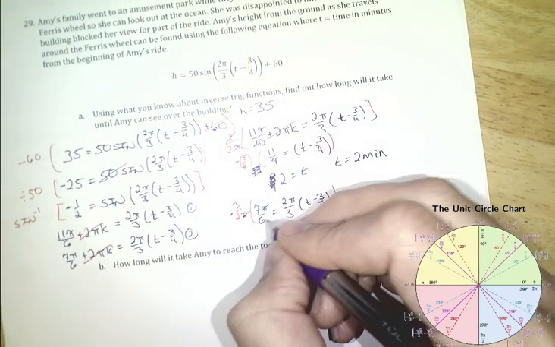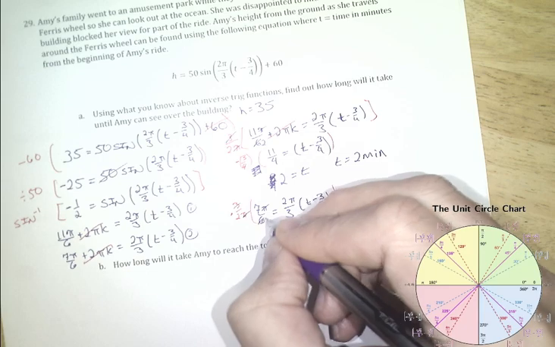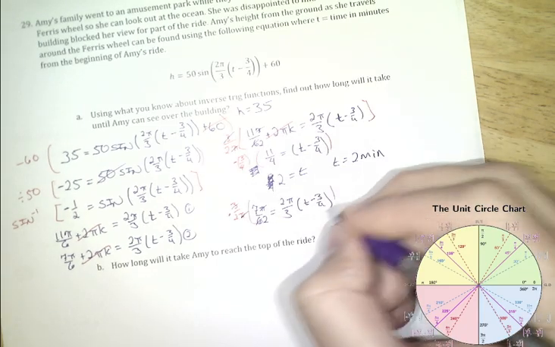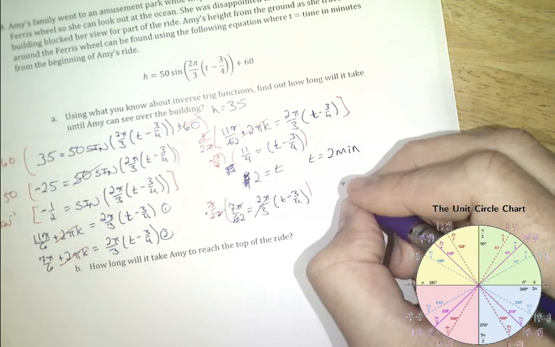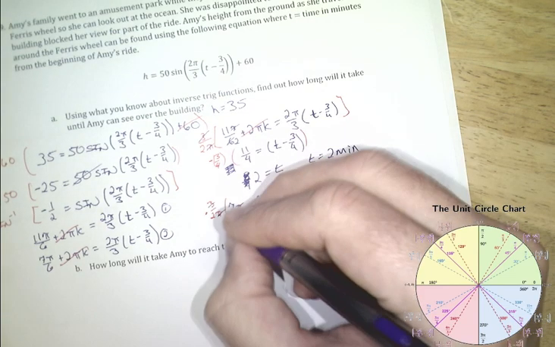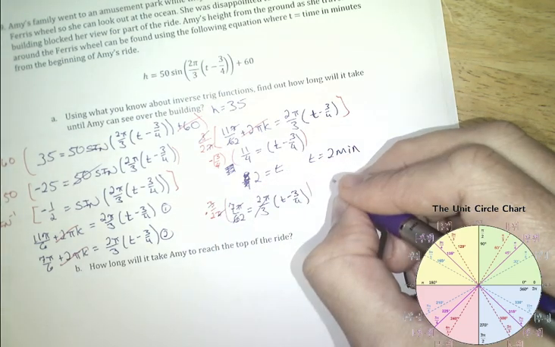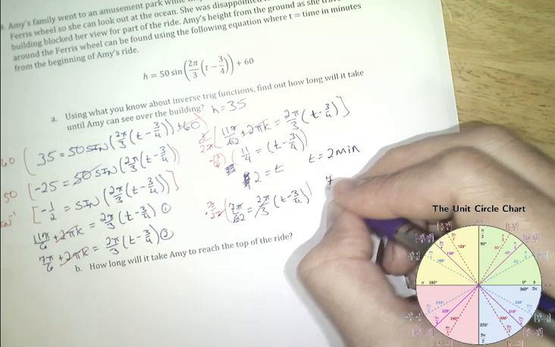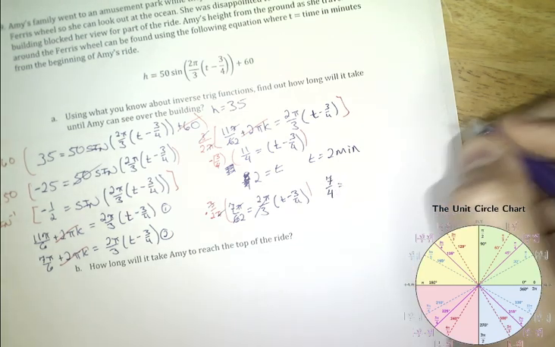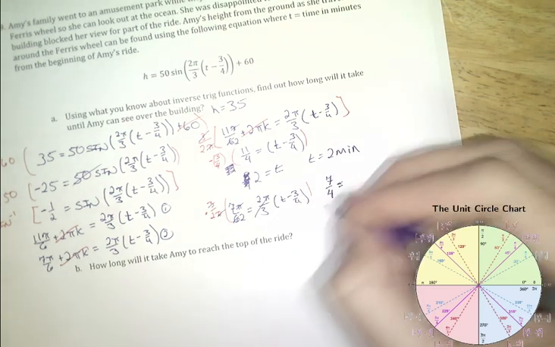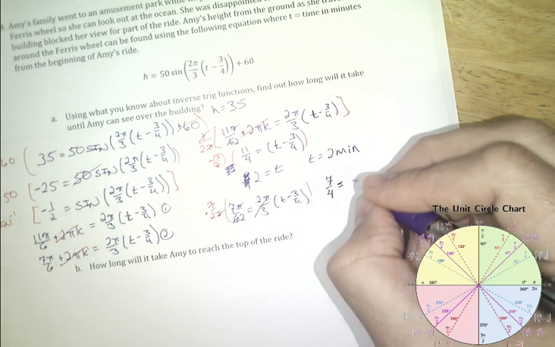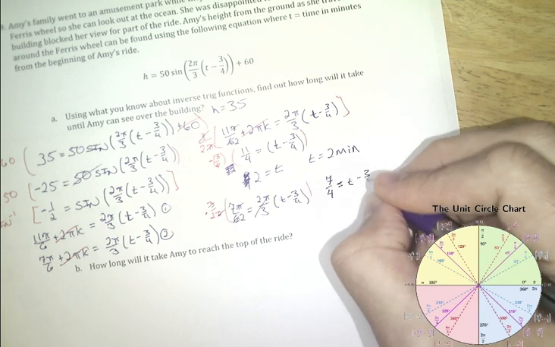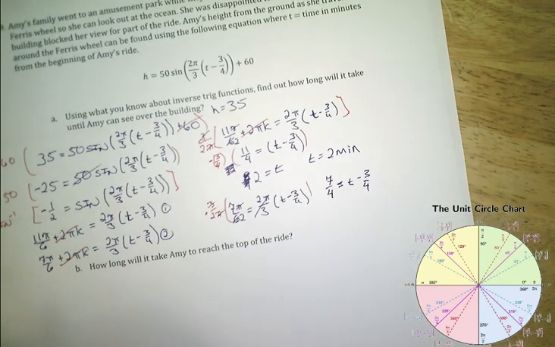The pi's cancel out, and the 3 turns that 6 into a 2. And we end up getting 7 over 4 is equal to t minus 3/4.